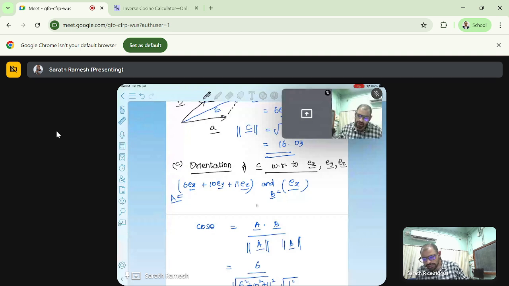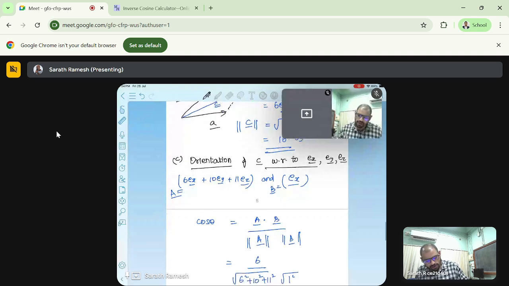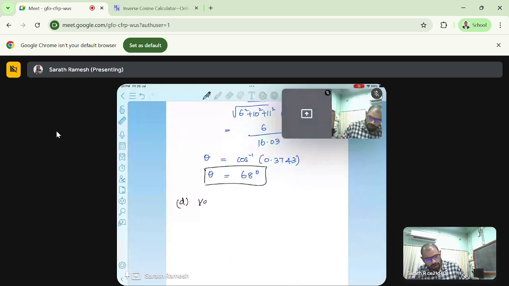The D question asks us to find the vector product of A and B. So how will we find the vector product of A and B? Mod A mod B sin theta n cap, we saw, but there is another way.